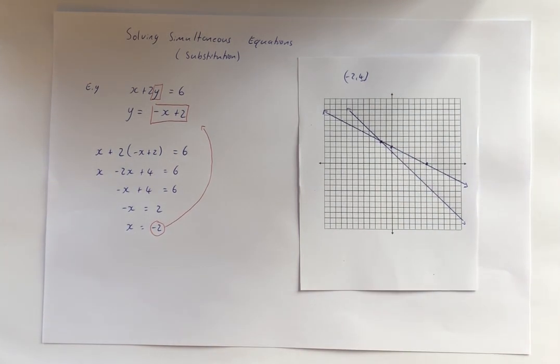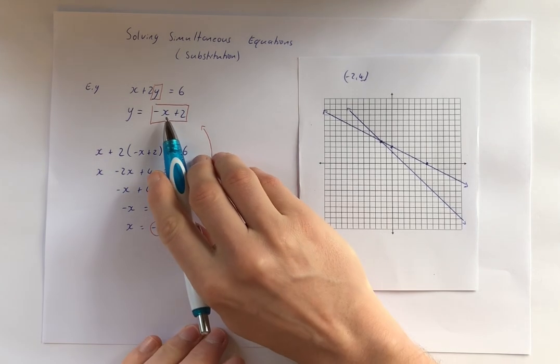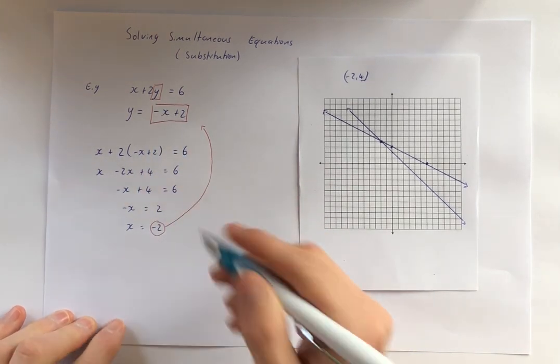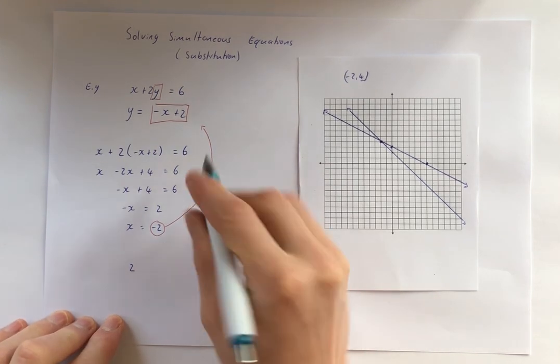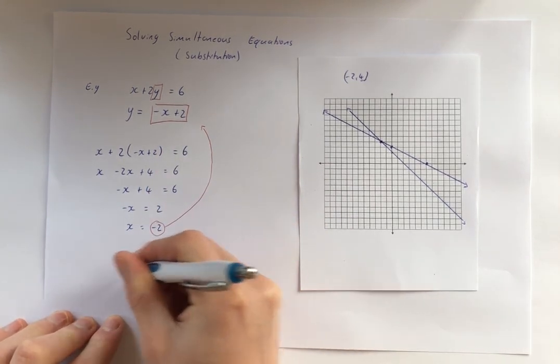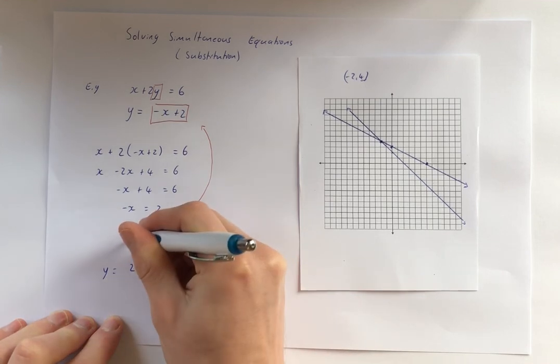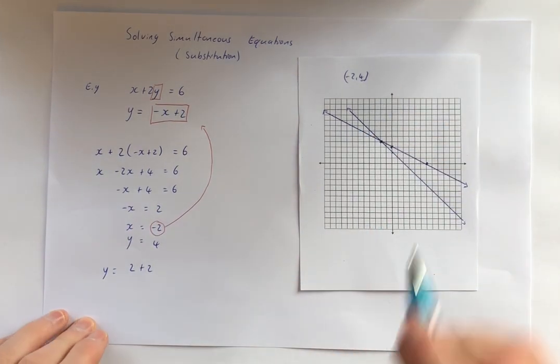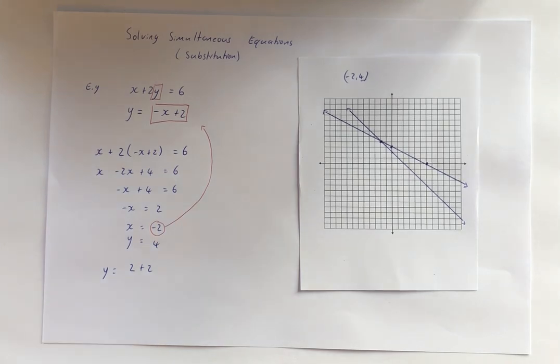They're both fine. I'm just going to put it into this one. Now I've got negative x, and x is negative 2. So negative negative 2 is plus 2, plus 2 is equal to y. So y is 4. So we're right. (-2, 4) is the solution.